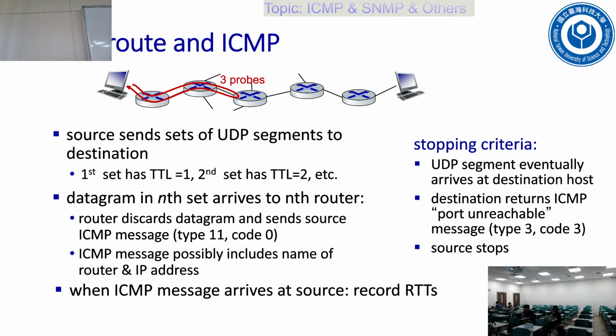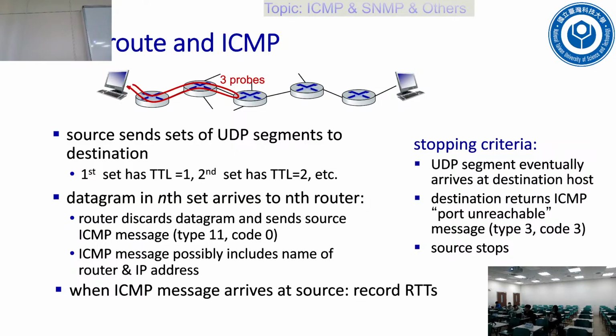For probing, the first set has TTL 1, the second set TTL 2, and so on, but for each set, we have 3 probing messages. And for the intermediate routers, we will have the ICMP message 11 because of TTL expired.